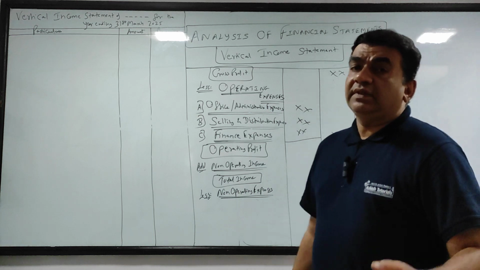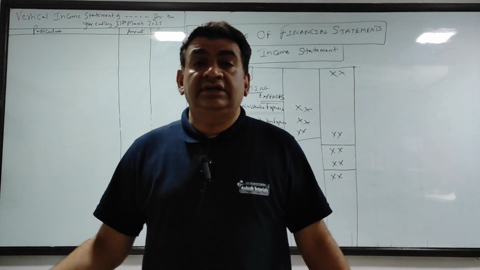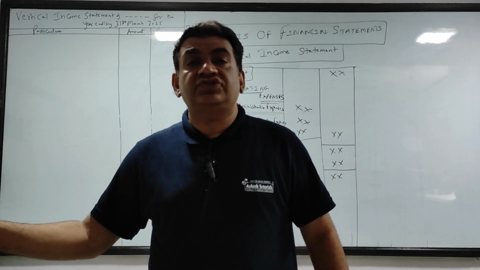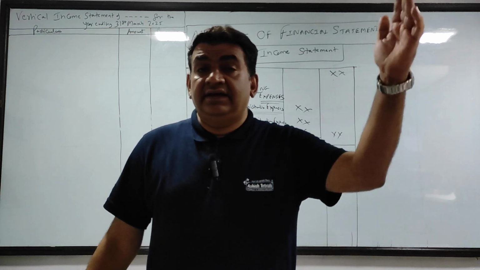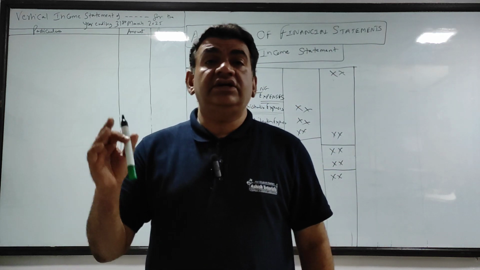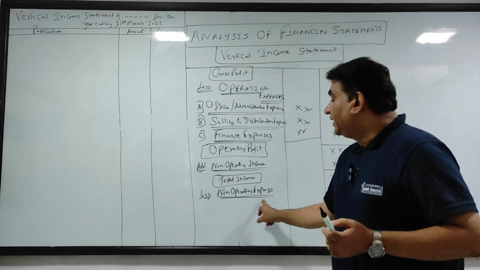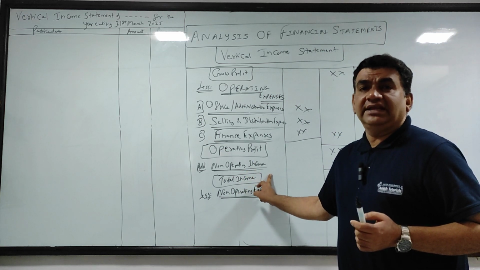Starting में I told you, loss by fire, loss by theft, tsunami आ गया, any natural calamity, all these are non-operating expense. AC बेचा, loss, non-operating expense. Loss incurred on sale of fixed asset, non-operating expense. Profit made on sale of fixed assets, non-operating income.